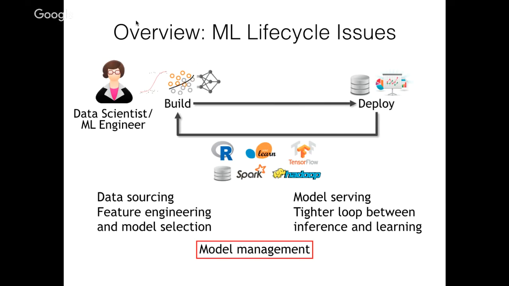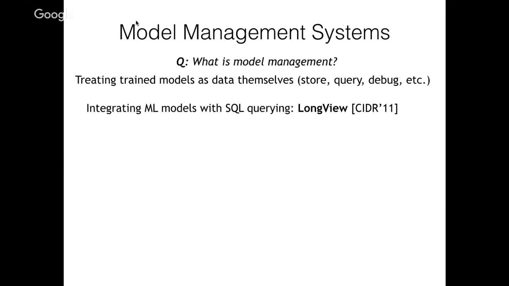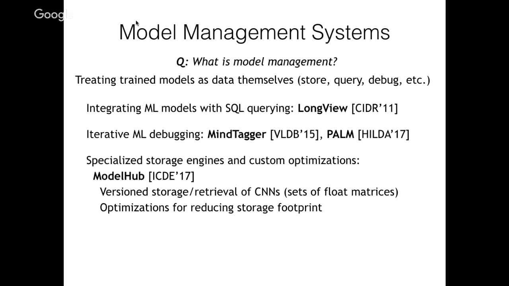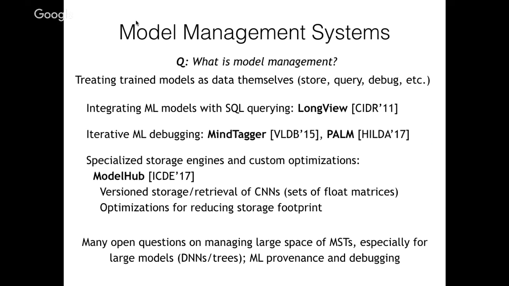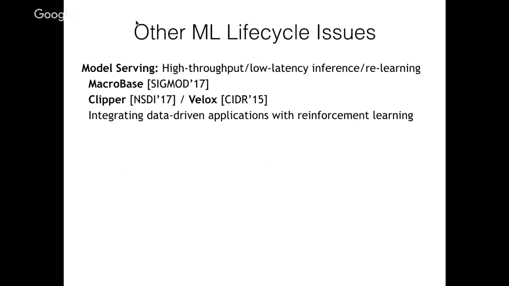Okay, so in the interest of time, I'll skip the work on model management. Essentially, this class of systems treats models as data themselves in some sense and helps with querying, debugging, storing, and retrieving models. And again, there are a bunch of open questions here. There are other life cycle issues, model serving, increasing the throughput or reducing the latency of inference for applications where a lot of examples arrive at high velocity.